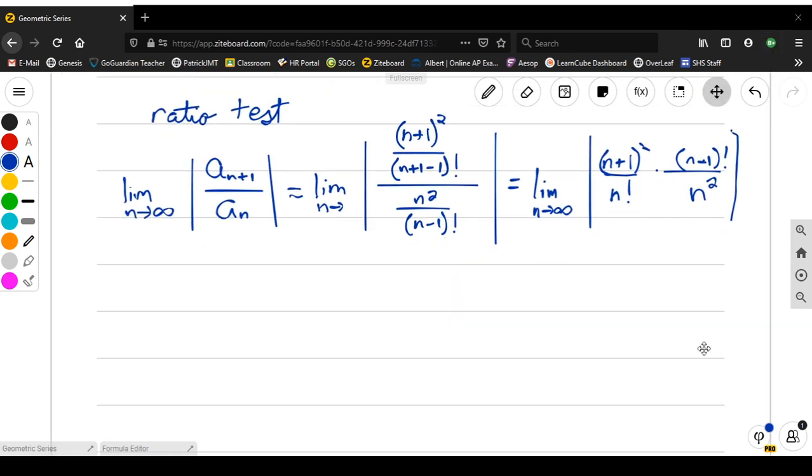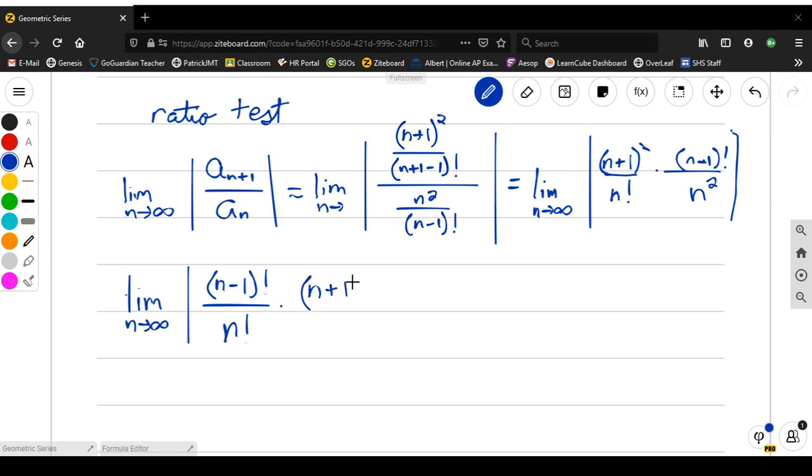I'm going to rearrange the factors so that the factorials are on top of each other and the polynomial factors are on top of each other. So as n goes to infinity, we're going to have n minus 1 factorial over n factorial, and we're going to have n plus 1 squared over n squared.